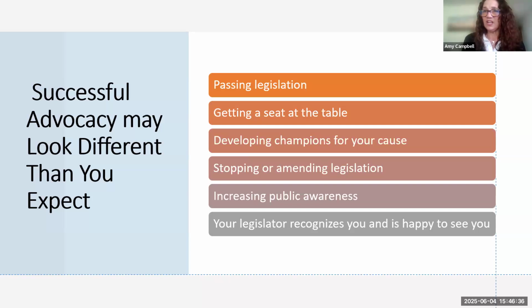You have constituents calling because mom is having problems at the nursing home. I mean, the constituent work and all of that stuff is sort of never ending, and it's not just during office hours. So there are legislators out there who probably would be interested in learning more about disability issues.